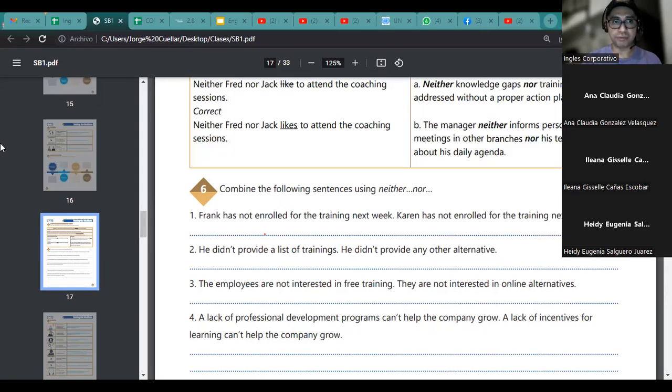There are no two different subjects. It's just one same person, but the alternatives are what he didn't do. So it's going to be like he neither provided a list of trainings nor any other alternative. Got it. Okay, got it.